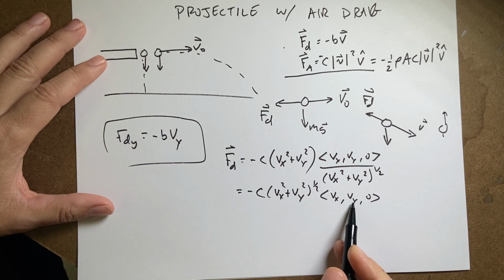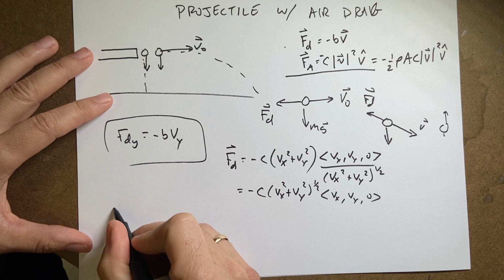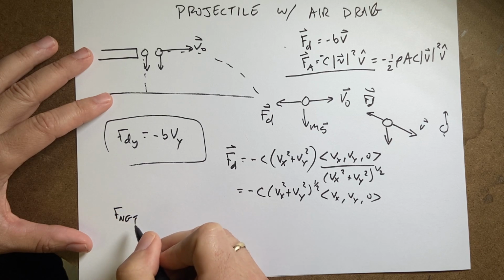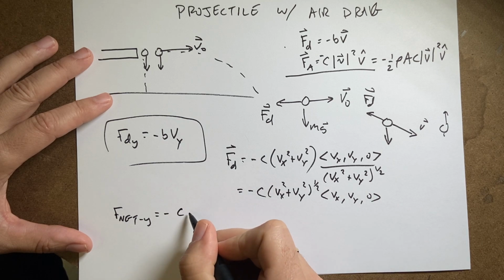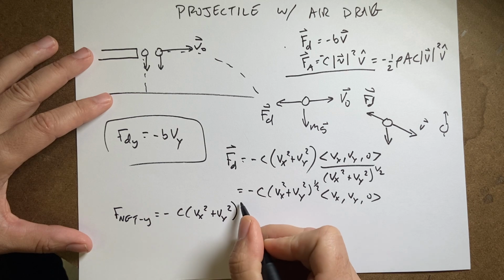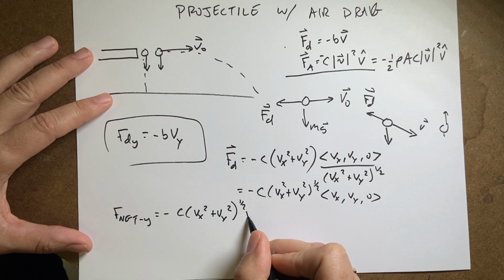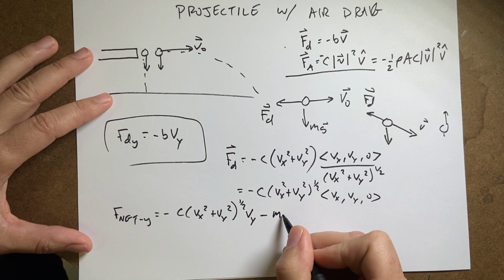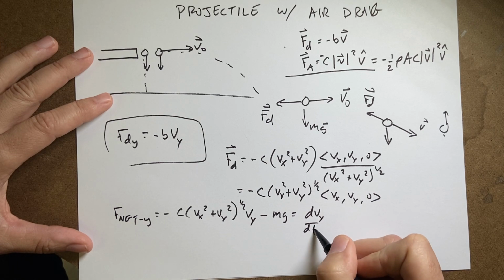So now if I just want the y motion, I get this. F net y is going to be equal to negative c (vx squared plus vy squared) to the 1/2 times vy, minus mg, equals dvy/dt.